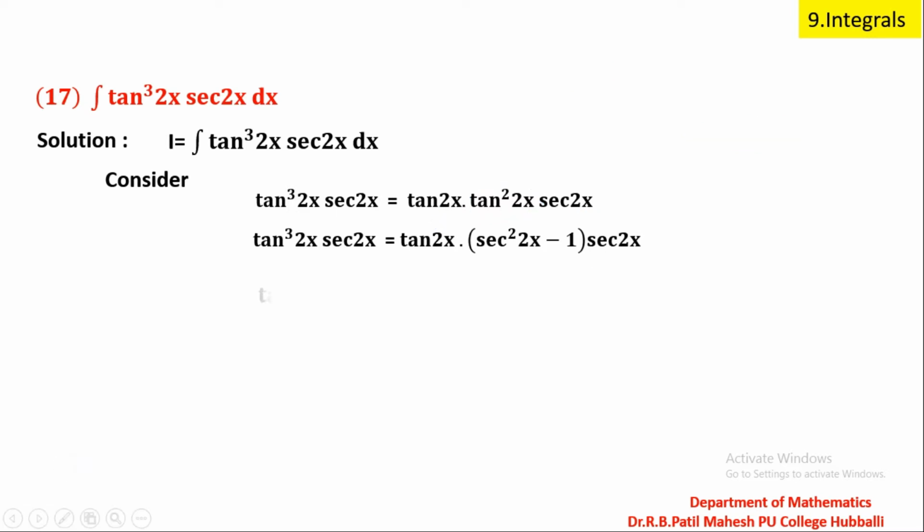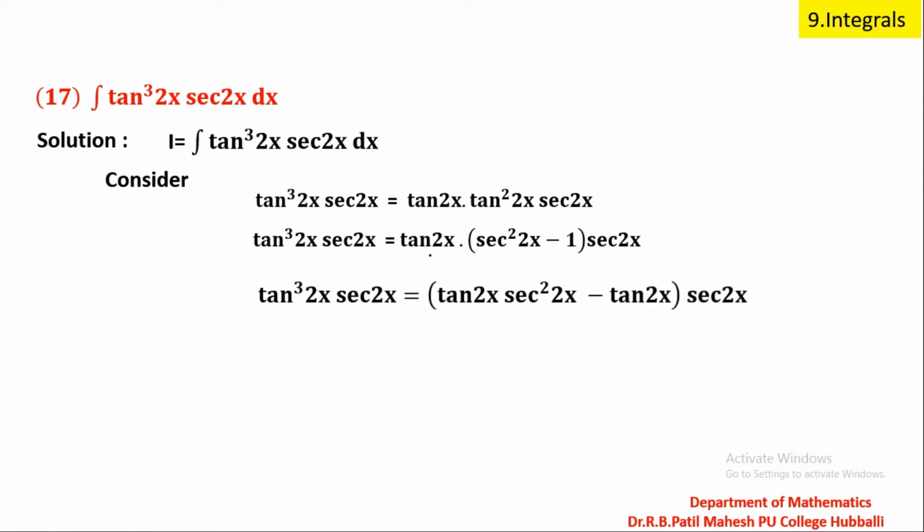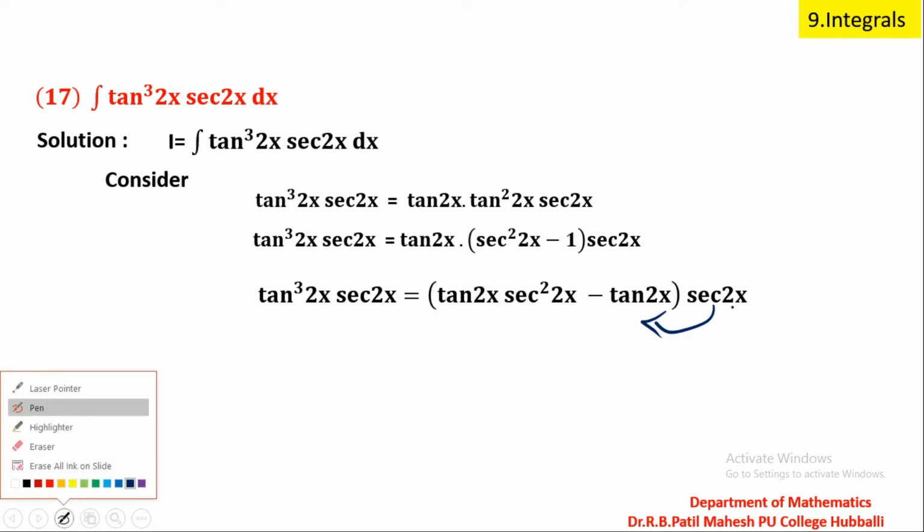Then taking tan 2x into the bracket: tan 2x into secant square 2x, and tan 2x into 1 is tan 2x, and again sec 2x remains as it is at the last. After that, taking sec 2x into the bracket, keep it in mind, but don't make it cube.